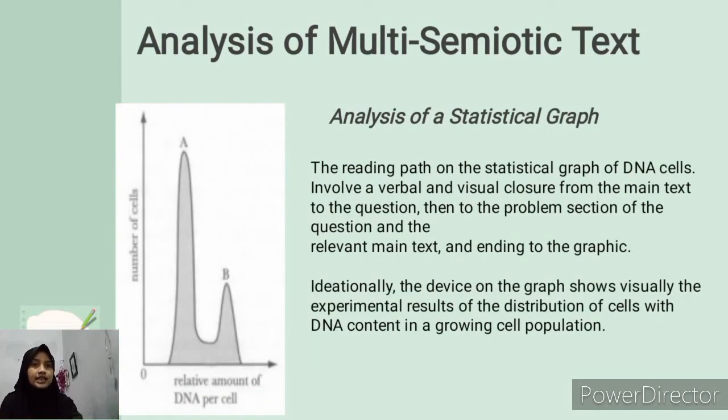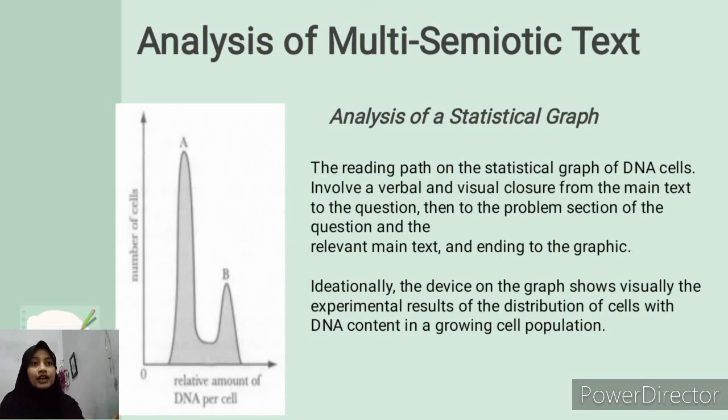Okay, the next is analysis of a statistical graph. Okay, the reading path on the statistical graph of T cells involves a verbal and a visual closure from the main text to the question, then to the problem section of the question and a relevant main text, and ending at the graph.